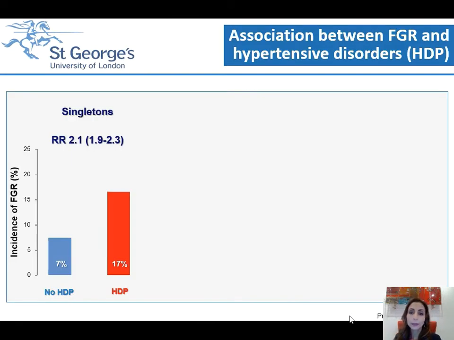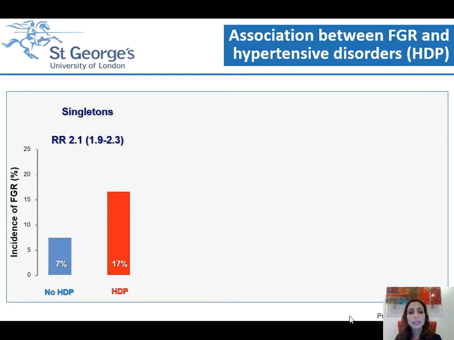At the same time, there is another Canadian study that was published in the American Journal in 2019, where they also tried to address this issue of using the twin versus the singleton charts in assessing fetal growth in twin pregnancies. And they did that by looking at the association between growth restriction and hypertensive disorders in twin pregnancy compared to singleton pregnancy.